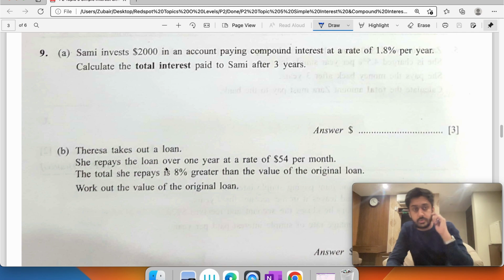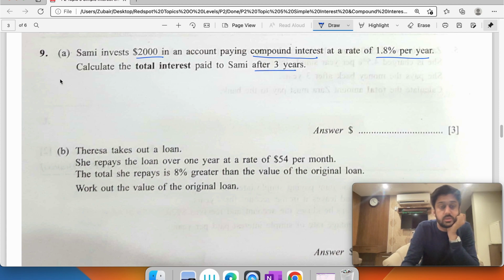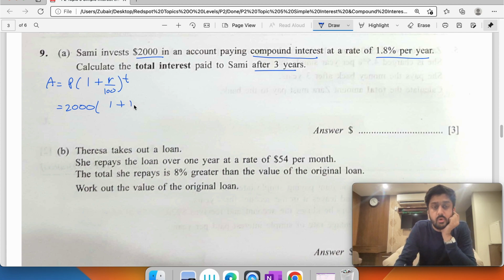Sami invests $2,000 in an account paying compound interest. Finally, we have a question for compound interest at a rate of 1.8% per year. Calculate the total interest paid to Sami after 3 years. So this is the formula: P times (1 plus R over 100) to the power T. Invested amount is 2000. 1 plus the rate is 1.8 by 100 and the time is 3 years.